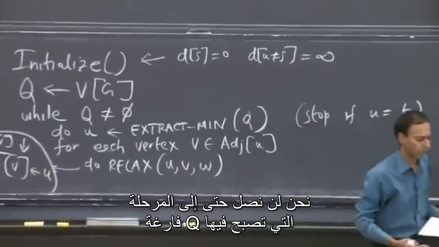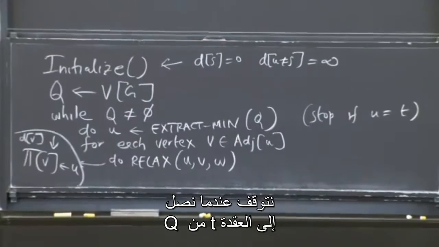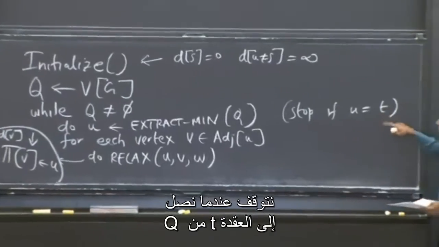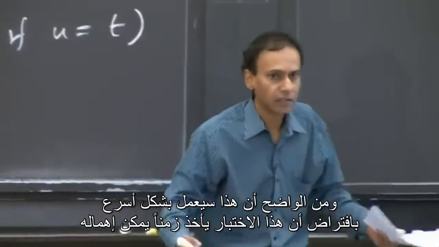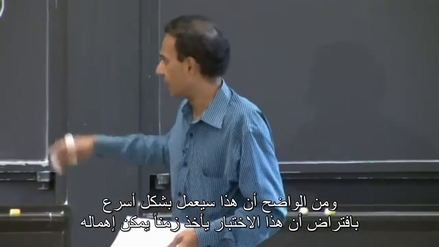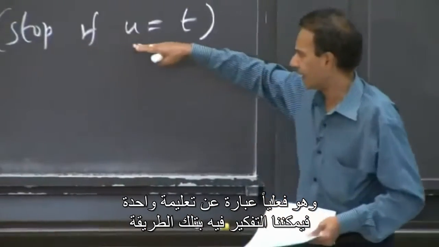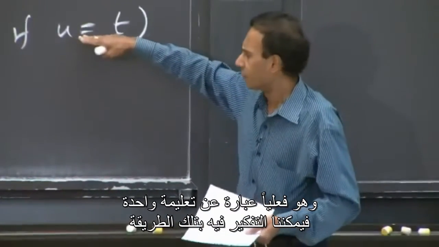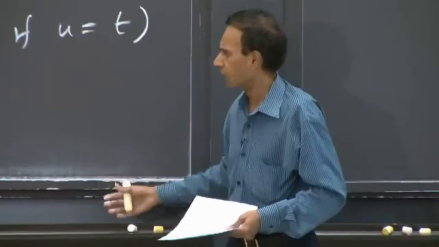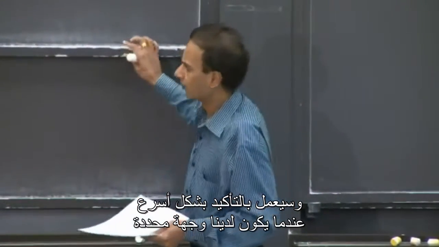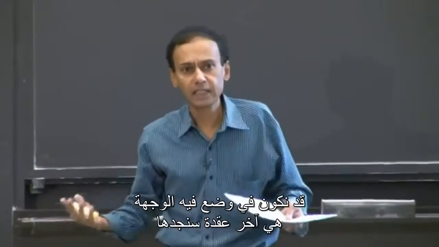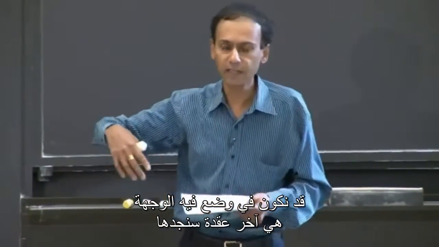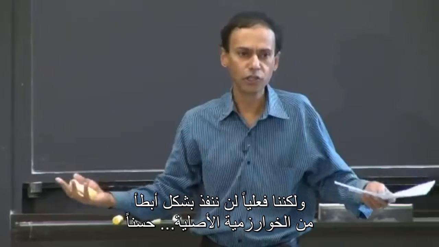You stop when you've lifted off the T vertex from Q. All right, and so obviously this will run faster, assuming this check is a zero-time check, and that's really one instruction. So you will basically run faster for sure when you have a specific target. It may be the case that your target is the last vertex that you find, and in that case, you run no slower. All right? So that's something that you've looked at.